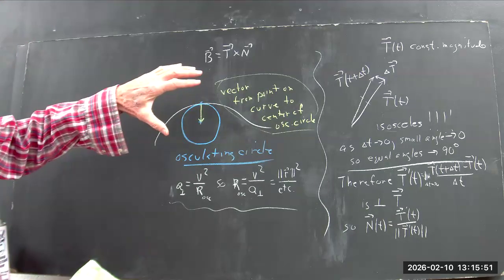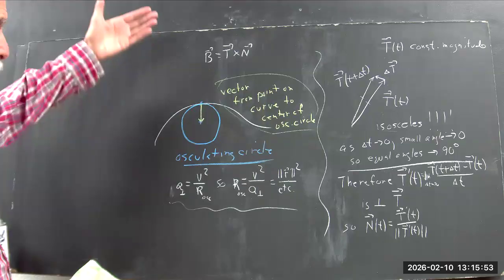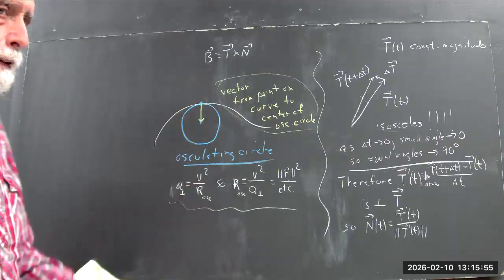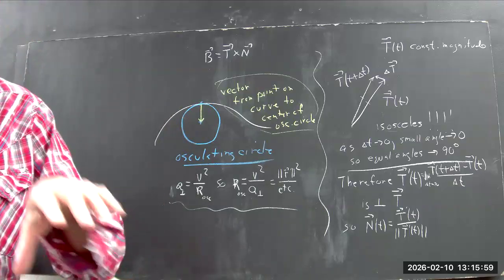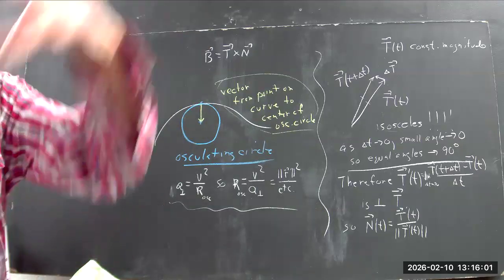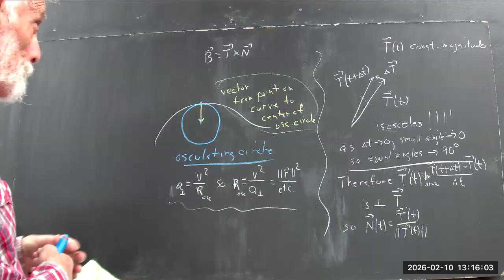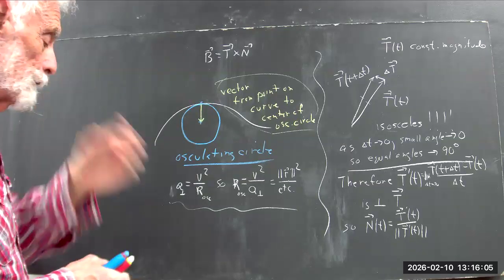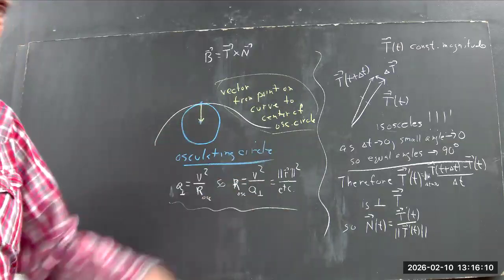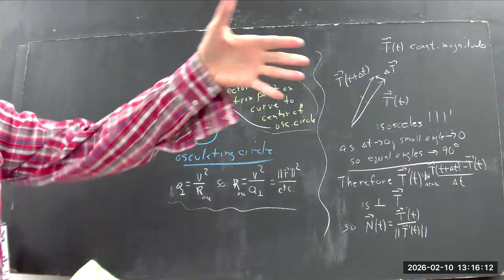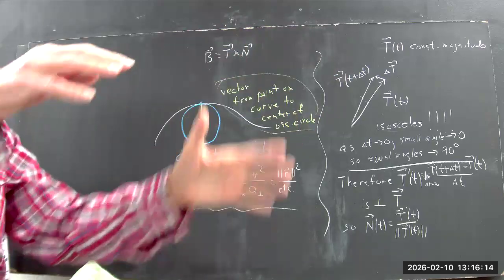Now, if you're moving in space, we're just looking at this thing from the perspective of the binormal vector, looking straight at it wherever it is. If we have a fixed three-dimensional coordinate system within which we want to visualize this, that osculating circle can be in any plane.